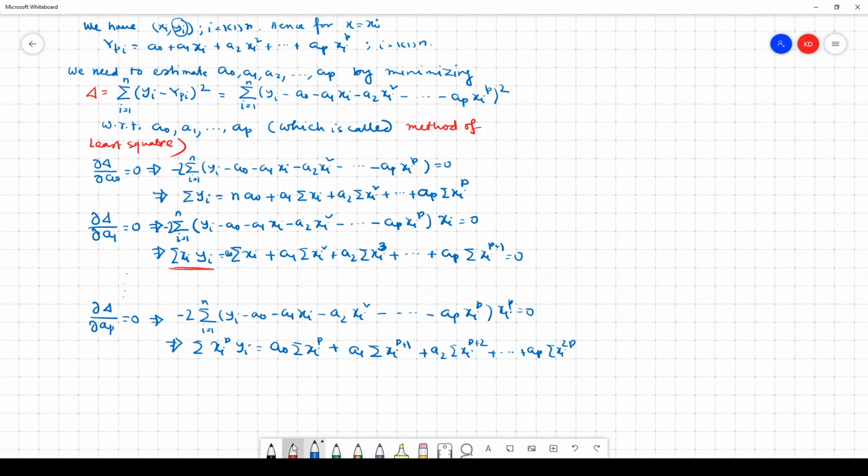So therefore the normal equations are, so this is the first normal equation.